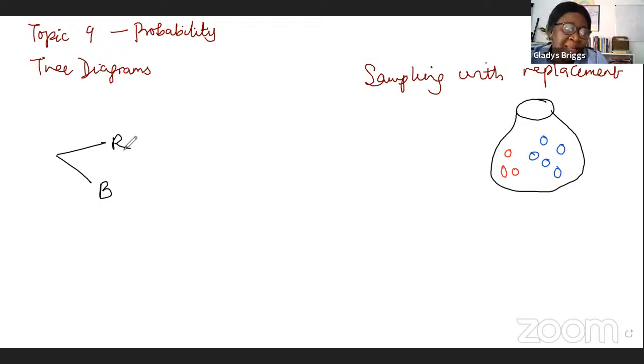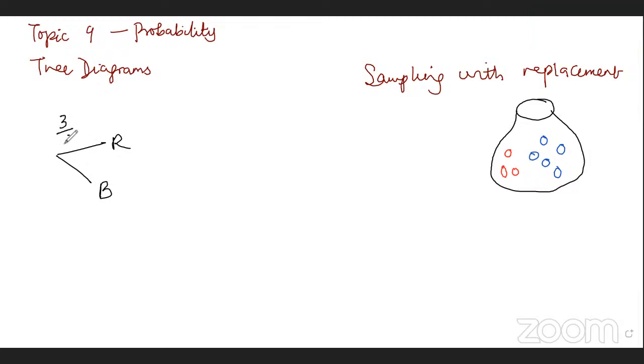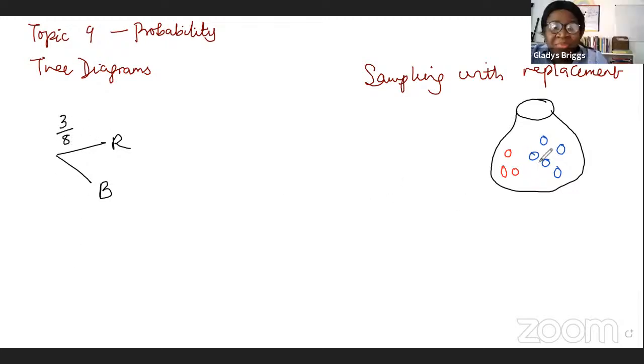The first time you put your hand in to take a ball and find out what color it is, your probability of getting a red ball would be 3/8. And then the probability for the blue ball would be 5/8.